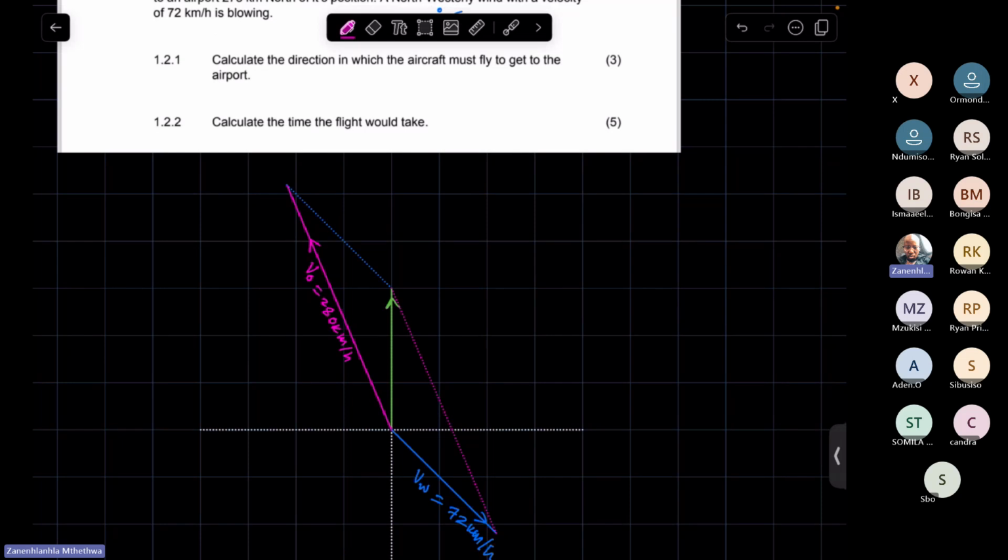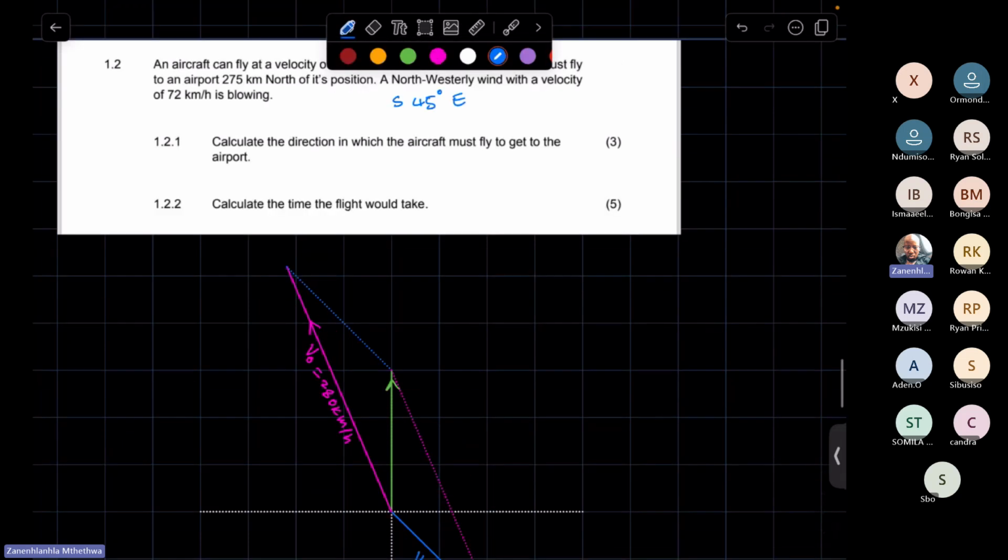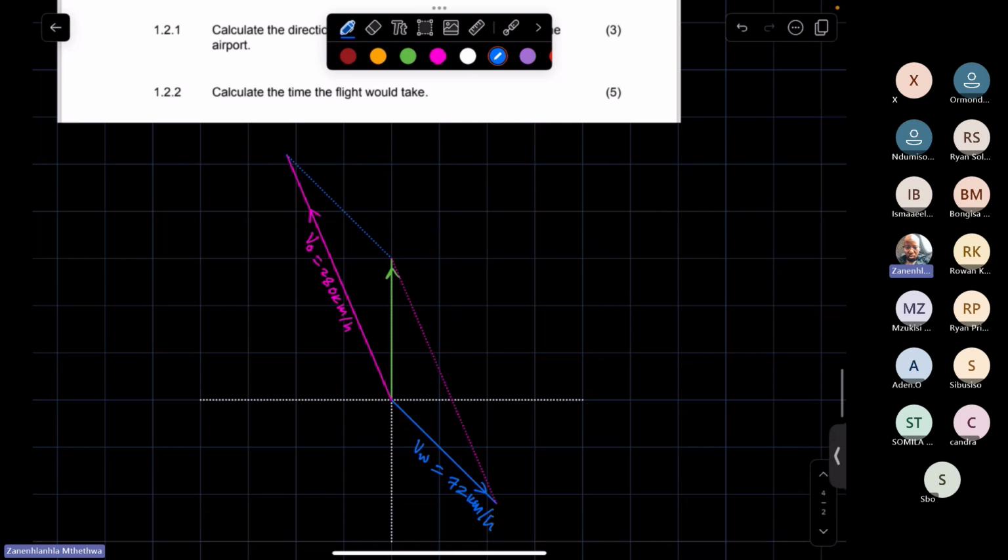Remember that this is making an angle of 45 degrees. Right. So it's south 45. So this angle here is 45 degrees. If that's 45 degrees, we know that this angle here is 180. So 180 minus the 45 gives us that angle.